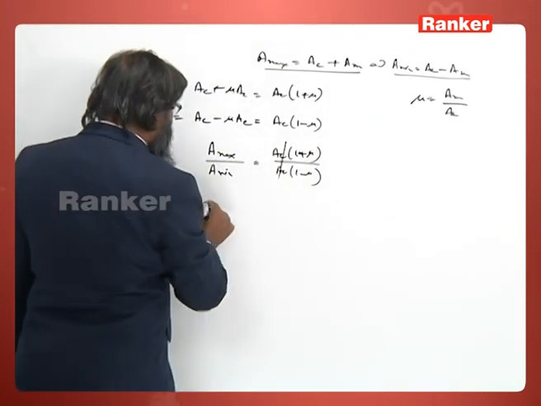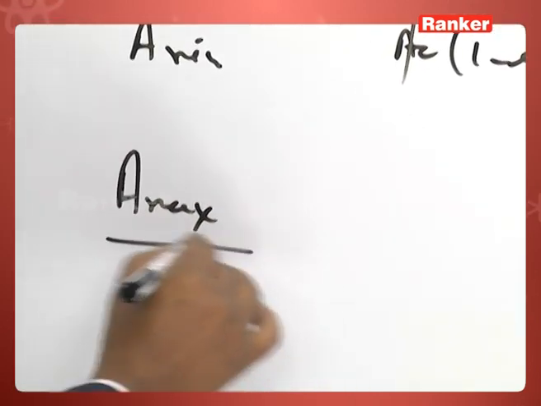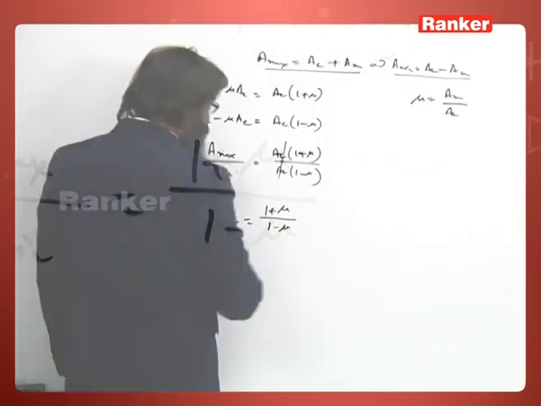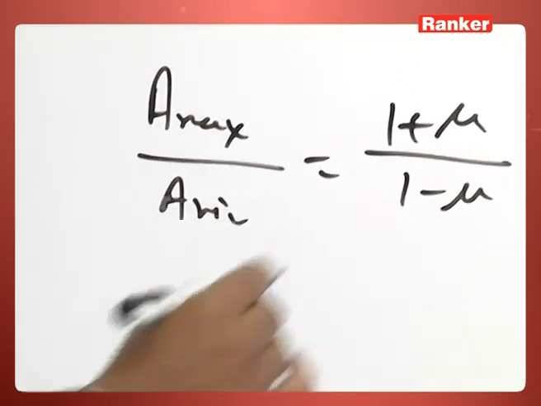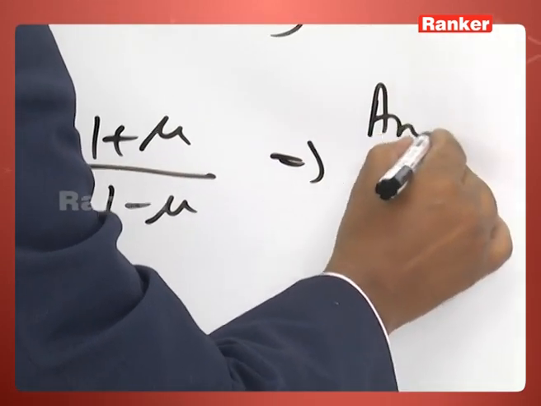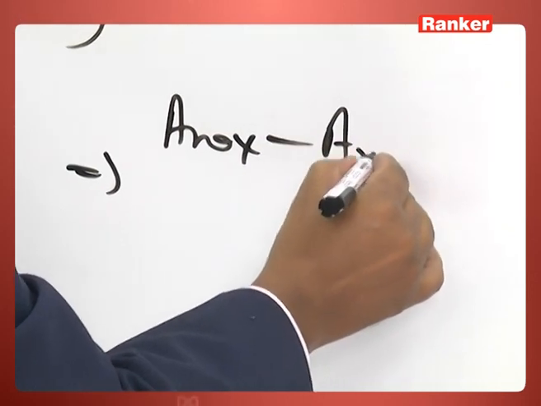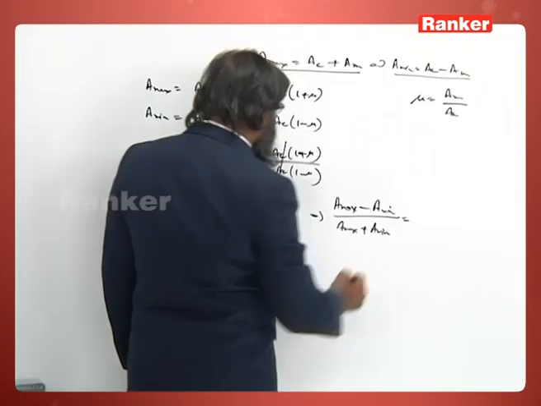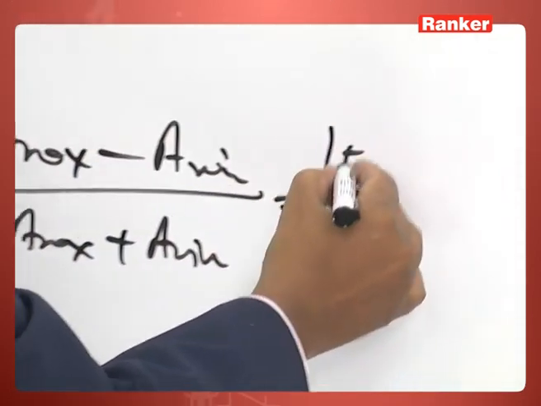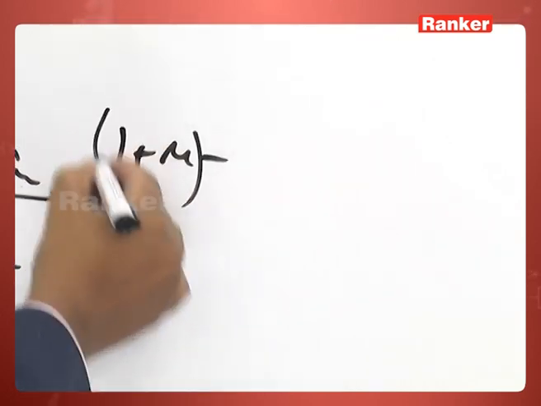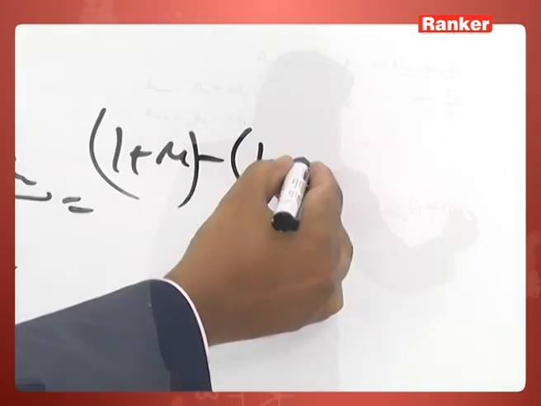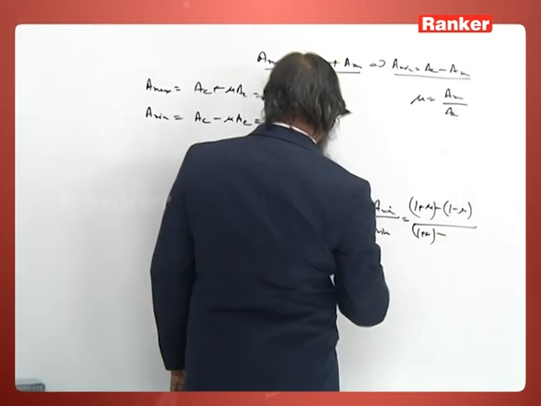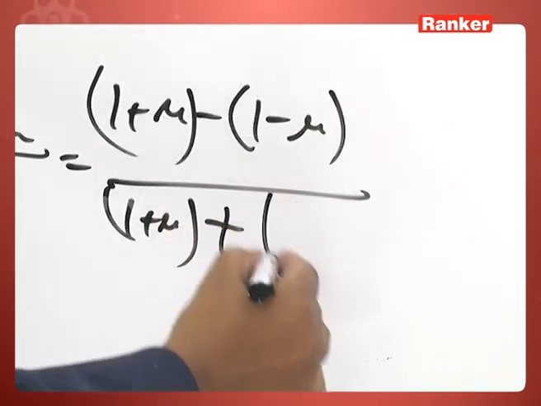These two AC cancel. So we have A max by A min equal to 1 plus mu by 1 minus mu. We want mu, so we take A max minus A min by A max plus A min using componendo and dividendo. So here we will get 1 plus mu minus 1 minus mu by 1 plus mu plus 1 minus mu.